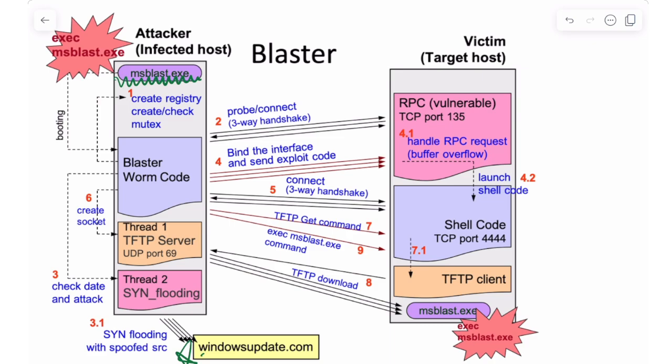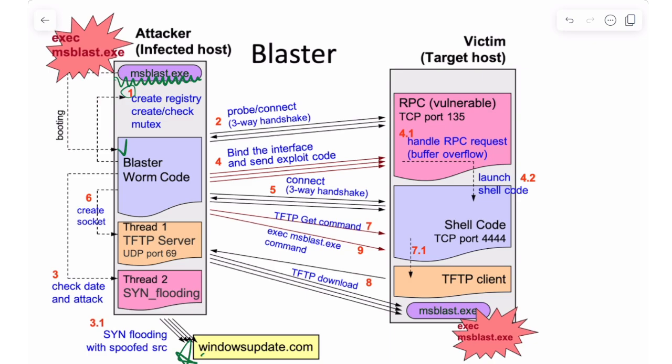Okay, so that is the first thing. And step number 1: after msblast.exe has been executed on the left-hand side, it creates a worm code, which is a process in the operating system. The purple one, that is the worm code. That is the main body of this attack.